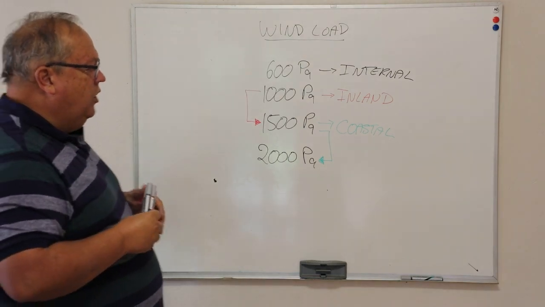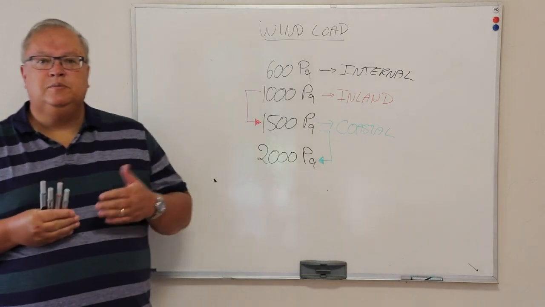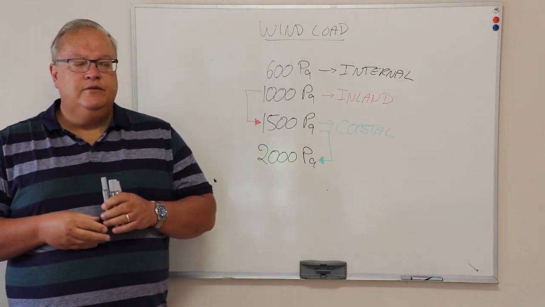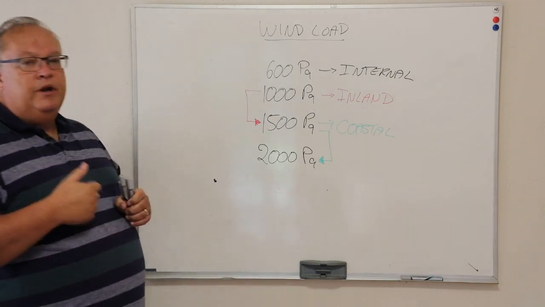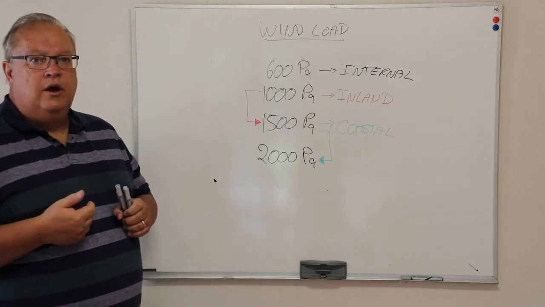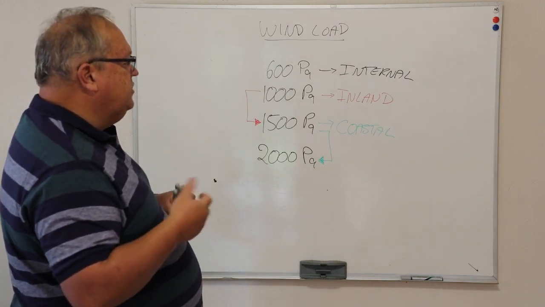So if you are asked to produce a quote and your client does not specify the wind load, obviously first prize is to say to the client, please can you tell me what wind load we need to design at? Alright, and if they are unable to do that, then what you do is you make an educated decision.